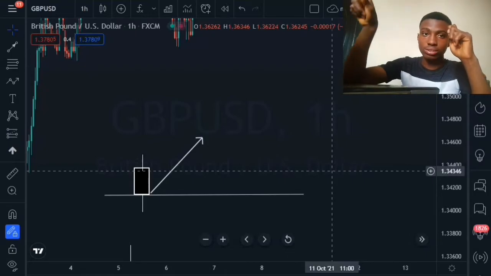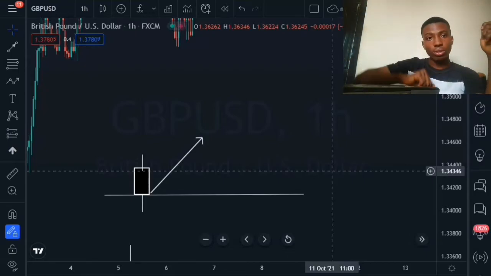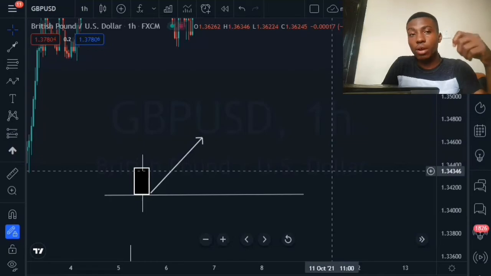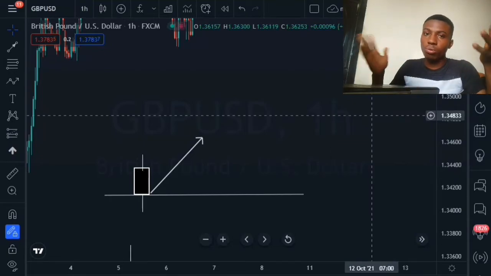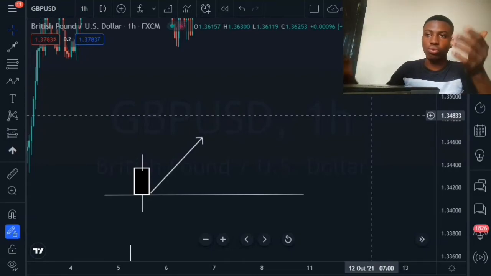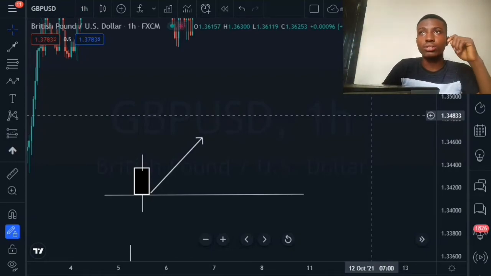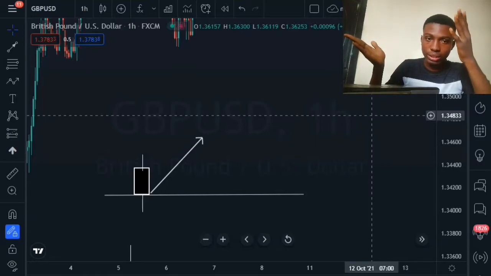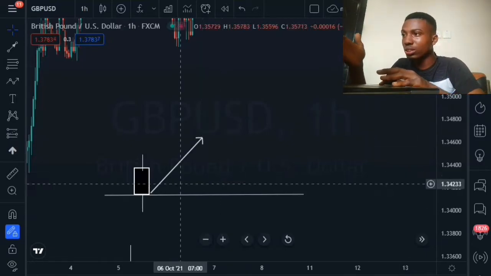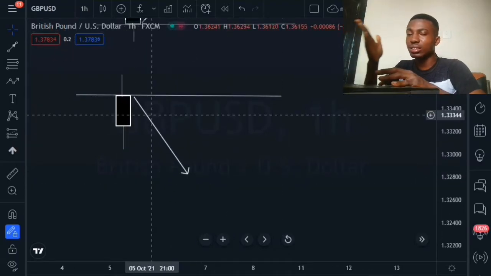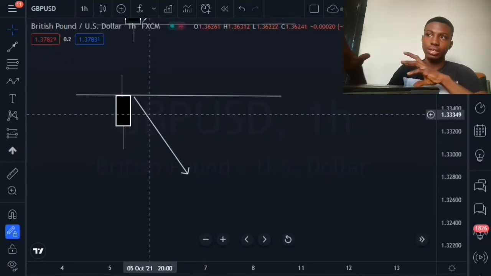The ceiling is the resistance, while the floor is the support. Imagine if I were to throw an object on the ground right now, you know what will happen? The object will bounce off the floor. If I were to throw it up at the ceiling, it will hit the ceiling and come down. So that is simply what's happening. This is the support and this is the resistance.